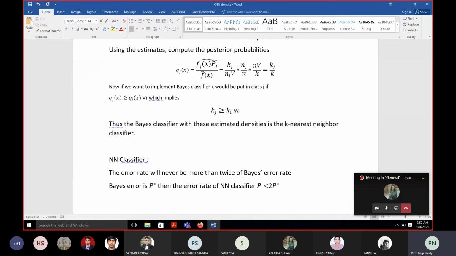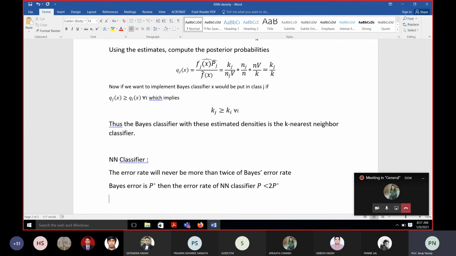Okay, so if the Bayes error is P star, then the error rate of the nearest neighbor classifier is P less than 2 P star, asymptotically.